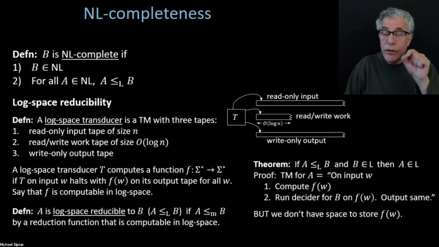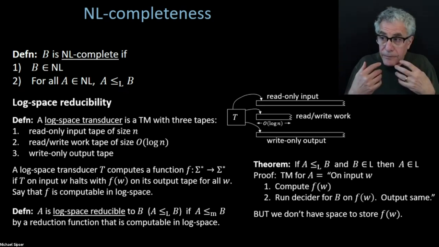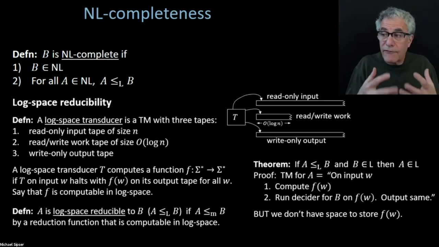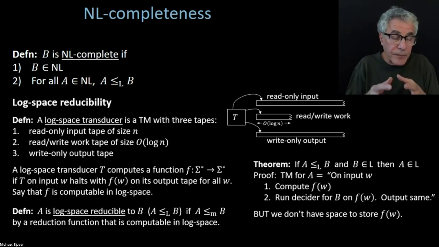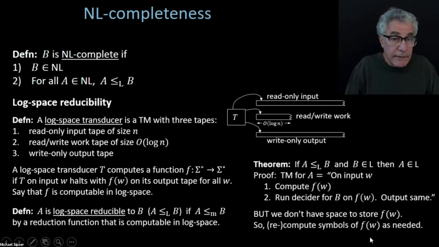So every time we do another step of simulating B, we're going to have to rerun the transducer from the beginning to compute that symbol, maybe for the first time, or recompute it if we need it subsequently. This is going to be slow, but we don't care. So the idea is to recompute the symbols of f of w as needed.